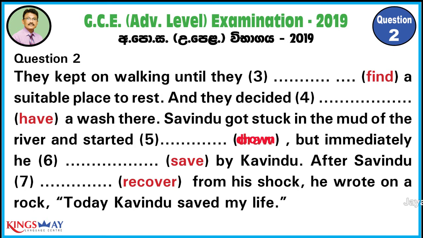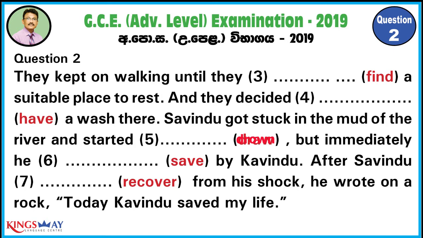Suitable place means the right place for them to rest. Rest means stop and stay for some time. While you are walking, if you want to rest, you can stop. While you are studying also, if you want to rest, you can stop studying and sit down and relax. So that is rest. And they decided, blank, have is given in the bracket this time.